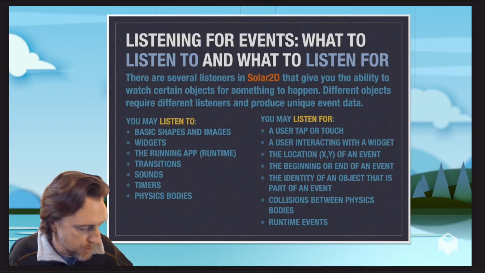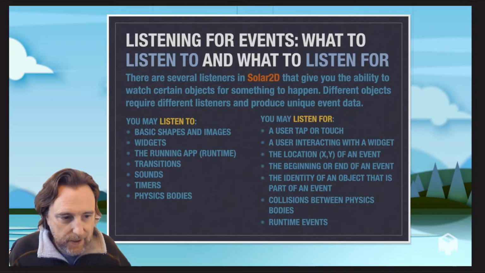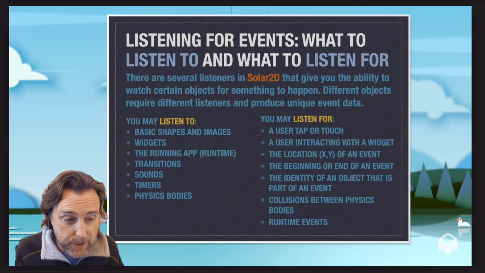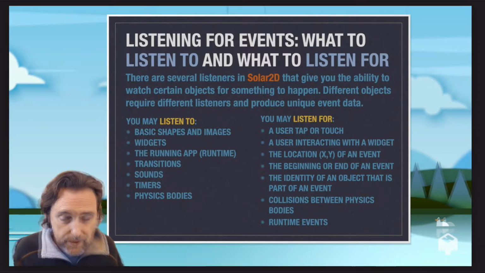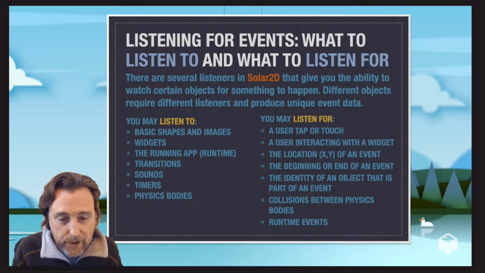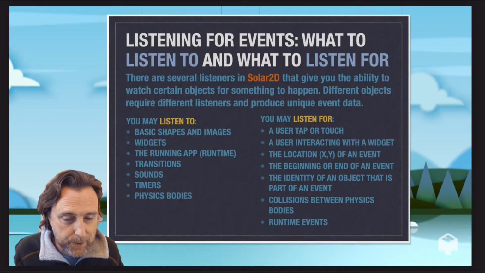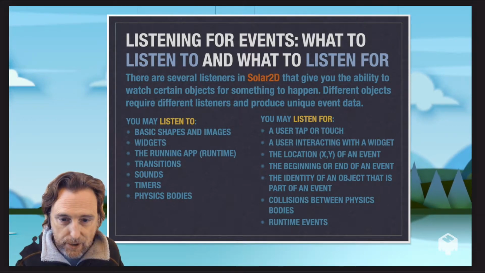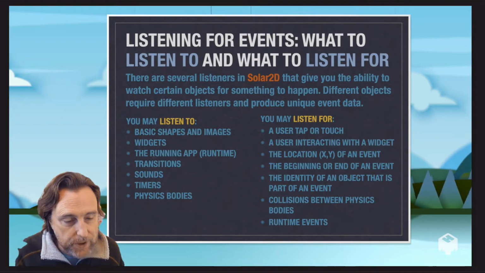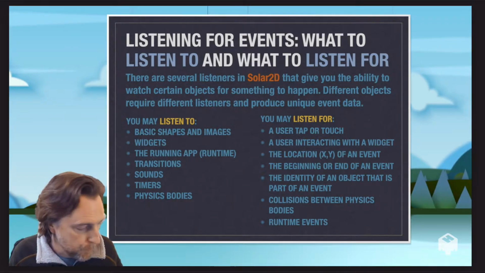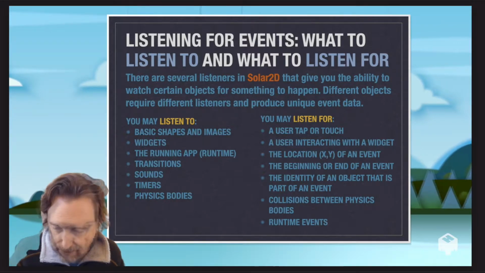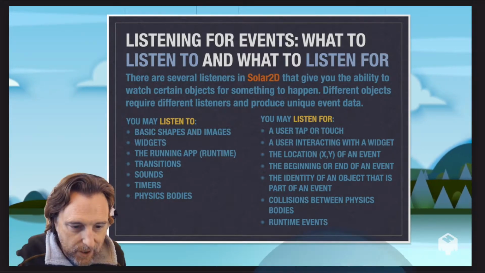If it's a game, we want to know whether the ball has reached the goal or the bomb has reached its target or whatever it may be, so that we can respond appropriately to a collision. We'll need to know a lot about the collision itself. And there are also certain runtime events that we can listen for as the app itself is running, that we'll also get to later in the semester.